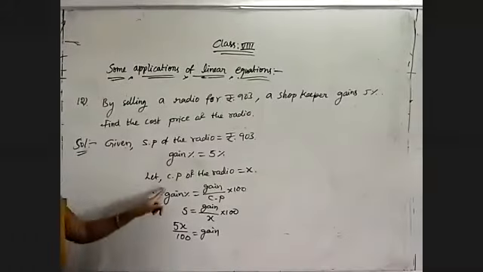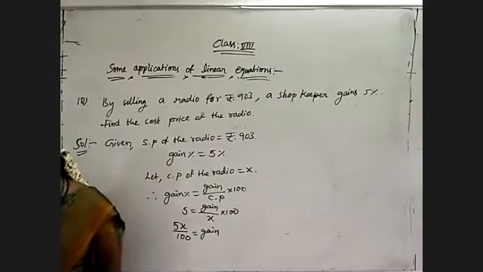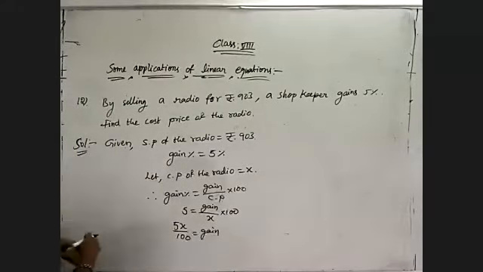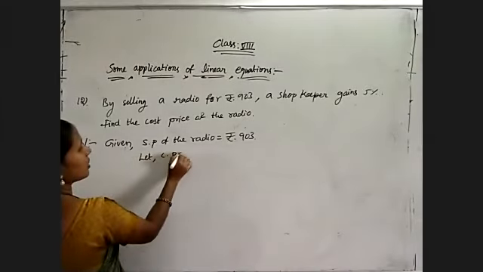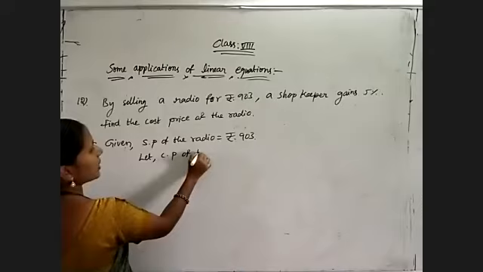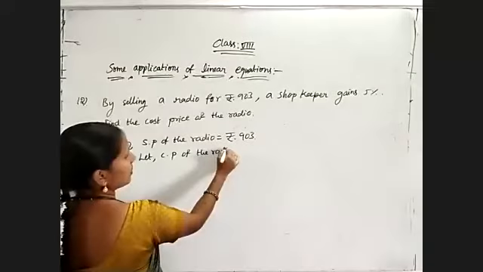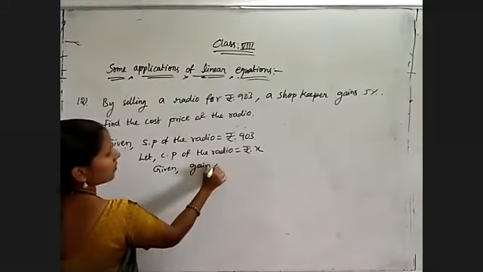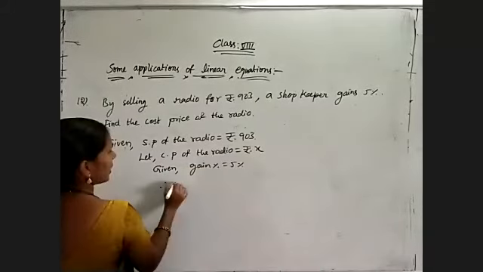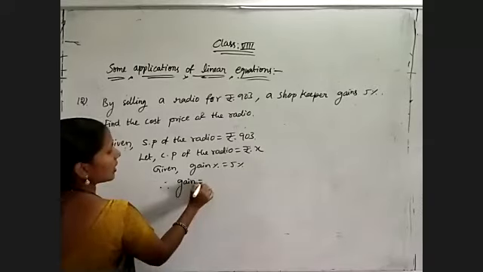So instead of this formula, we can use: CP of the radio is equal to x rupees, and given gain percentage is equal to 5%. Therefore, gain will be equal to gain percentage of CP.